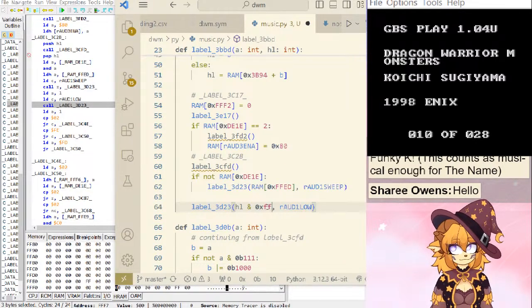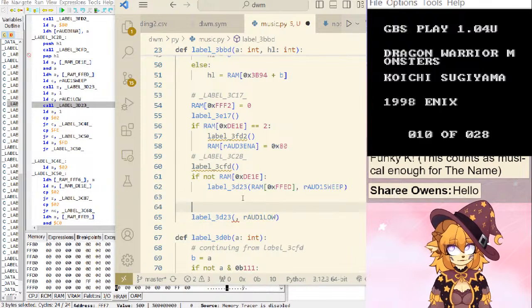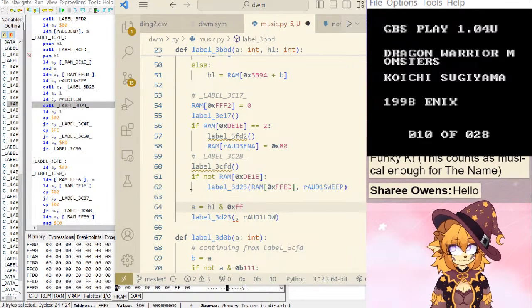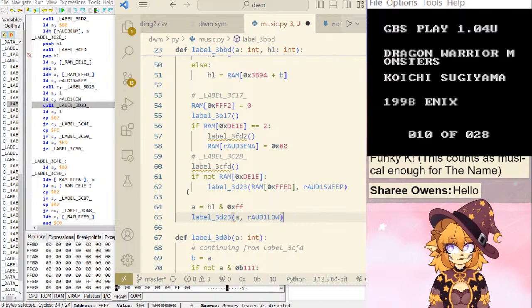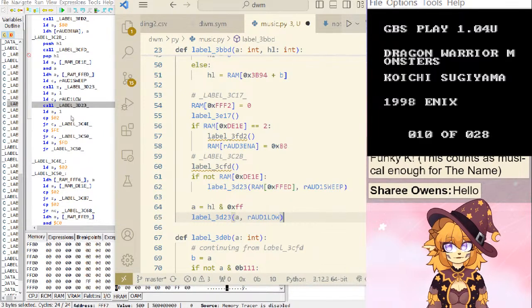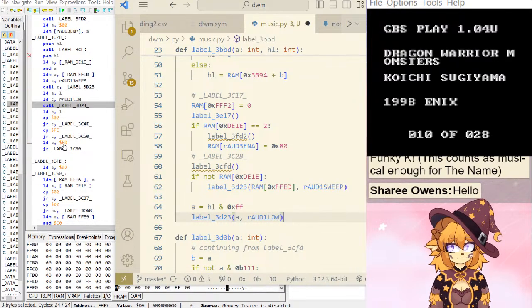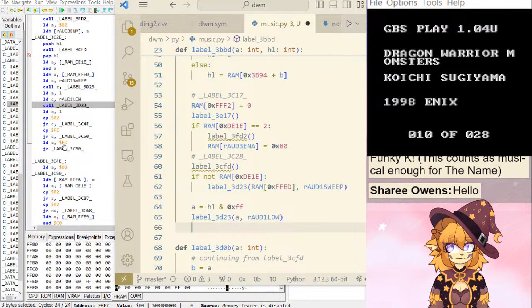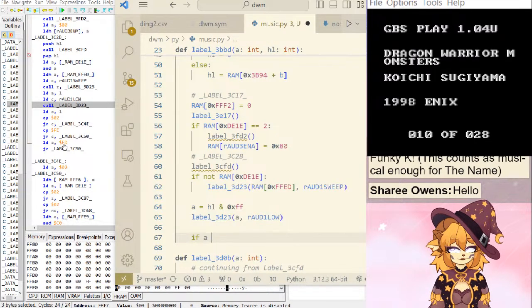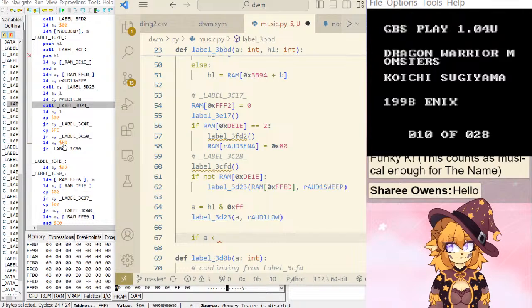So I think what we're gonna do is actually we are going to store that because I have to use it twice. Use it once for this call and then once here. A is less than 2.